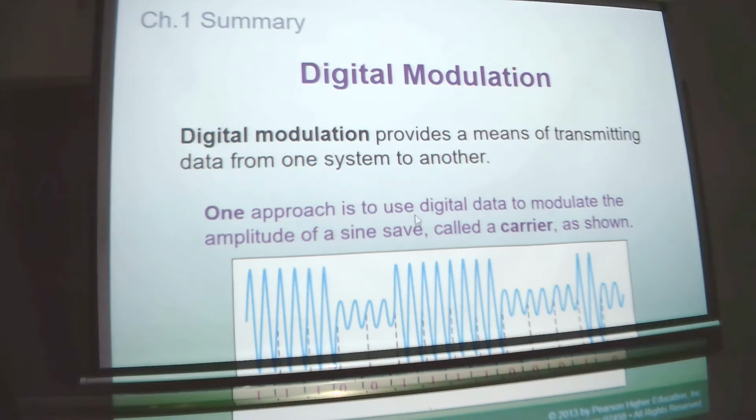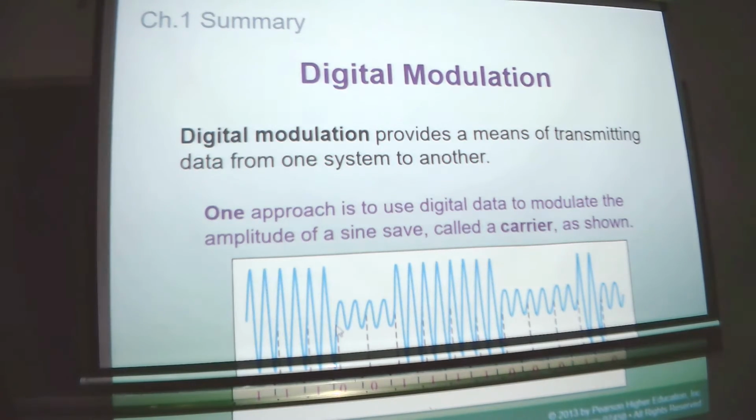One approach is to use digital data to modulate the amplitude of a sine wave. The sine wave is called a carrier. The first two circles represent 1. The second 1. The third 1. But the fourth circle is 0. Why?